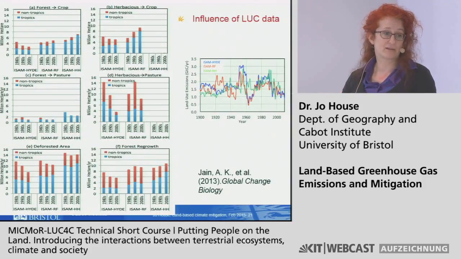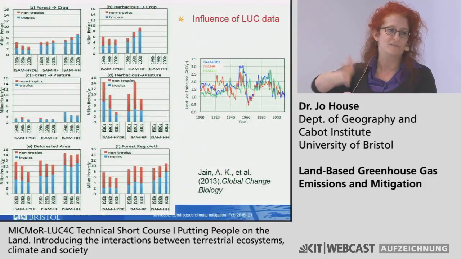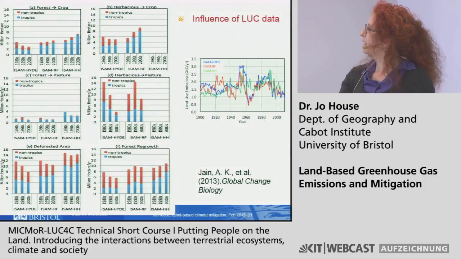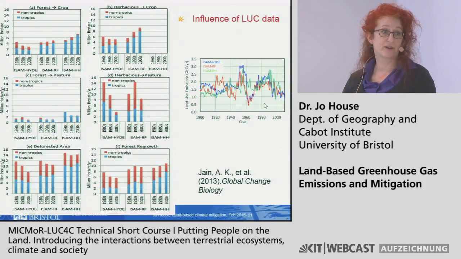And then going back in time, you have to use all other kinds of methods, census information, assumptions about population and land use and amount of cropland you need. So you have to use all kinds of different methods for hindcasting what your land cover change was. And HH is Houghton and Hackler, so it's essentially the data set Houghton put together, also based on FAO, but he tends to base it on FAO forest data.